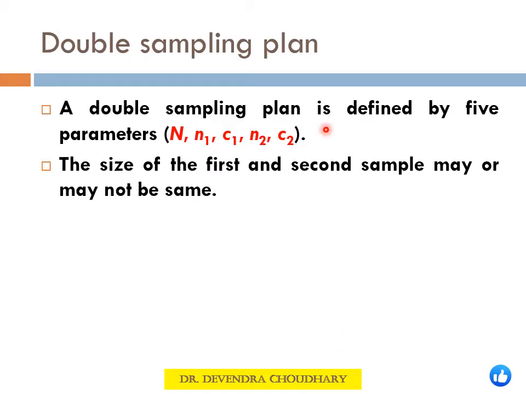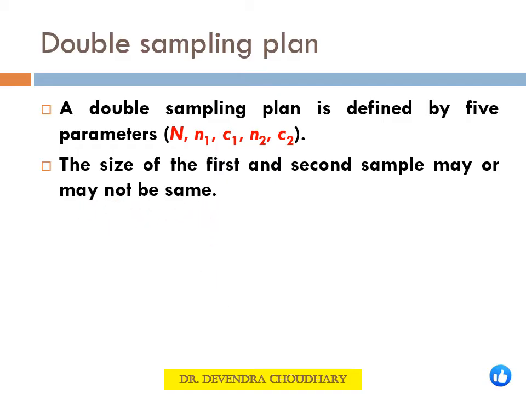A double sampling plan is defined by 5 parameters. As we discussed in previous slides, these are lot size N, size of the first sample n1, first acceptance number C1, size of the second sample n2, and second acceptance number C2. Now, the size of the first sample n1 and the size of the second sample n2 may or may not be the same.